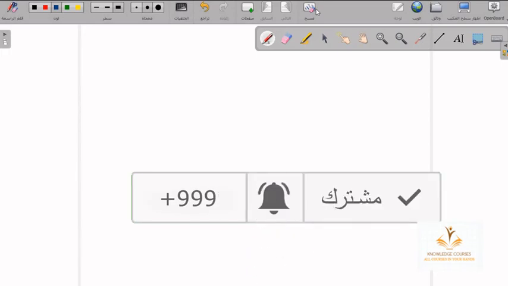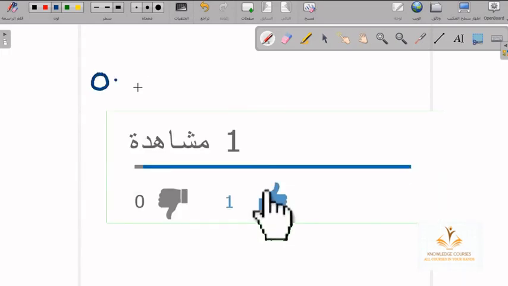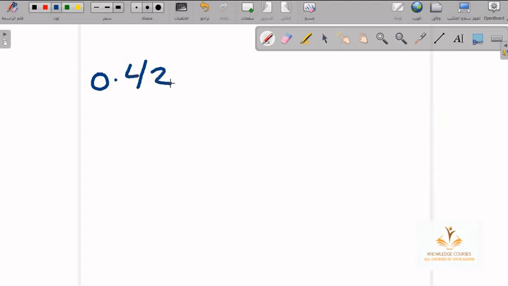Example: 42.42 divide 0.7 equals. So we must change the divisor to a whole number.